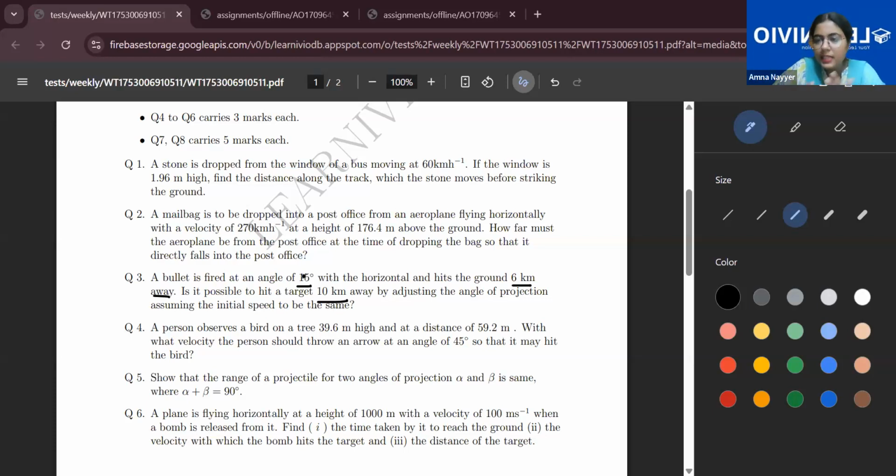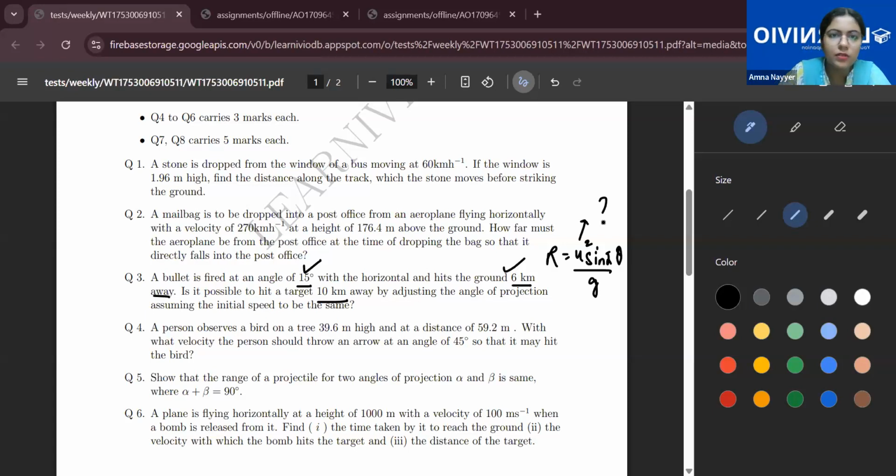So see, the range formula is u square sine 2 theta by g. Now range is given to you: at this angle it hits at 6 kilometers. From here, can we at least get the value of u, the initial velocity?